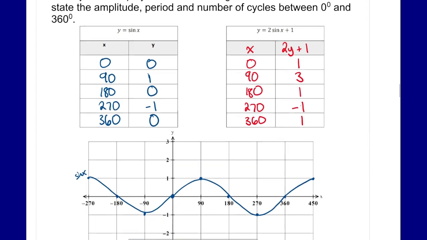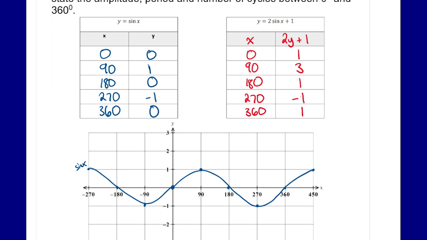So now I can graph my transformed function. At 0, it's 1. At 90, it's 3. At 180, it's 1. At 270, it's -1. And at 360, it's 1. So this is my transformed function.